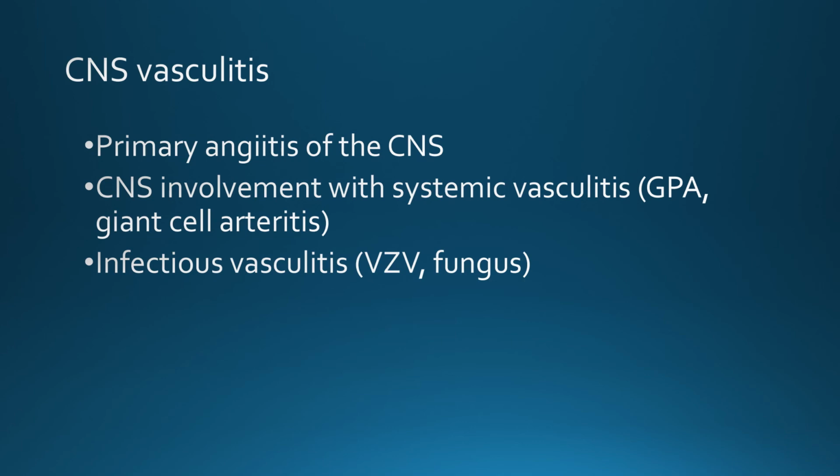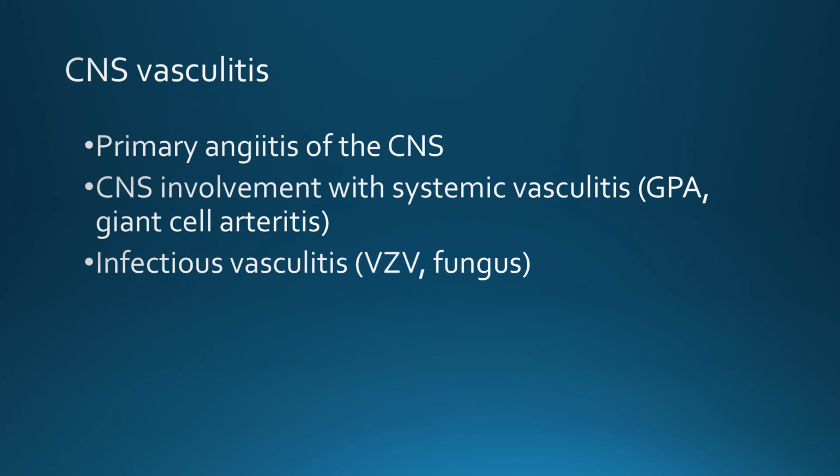So, CNS vasculitis can be either primary angiitis of the CNS, so CNS vasculitis without any systemic involvement, or you can get CNS involvement secondary to a systemic vasculitis. So granulomatosis with polyangiitis occasionally can have CNS involvement.